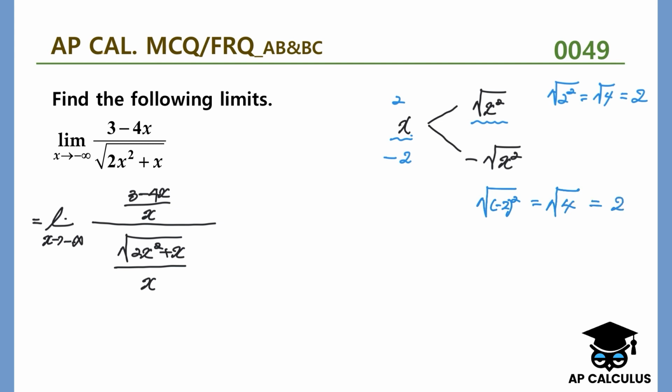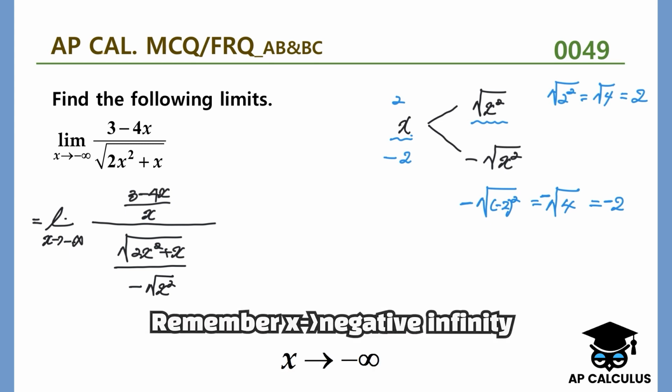Do you guys see that? So we must have a negative here. So if x is a negative number, then x is equal to negative square root of x squared. So we're going to rewrite this x with a negative square root of x squared. So far so good?